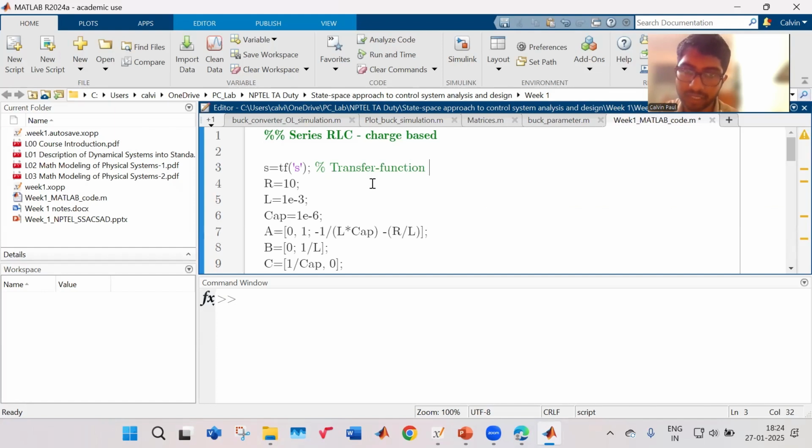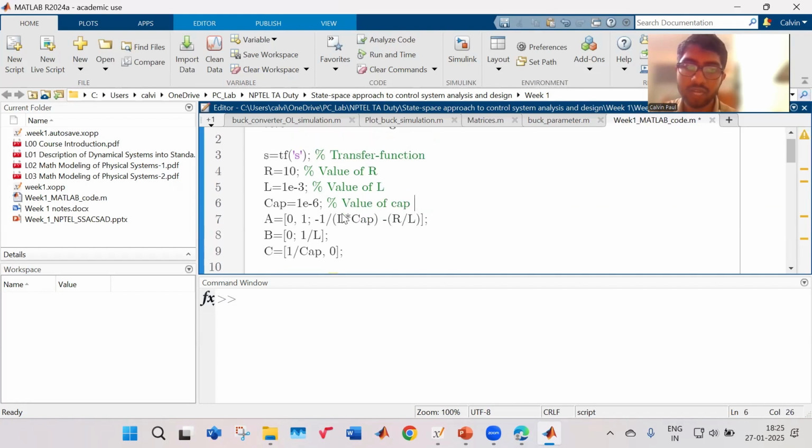This is the value of my resistor R. My L, this is the value of my inductance. I have set it to be 1 millihenry. And instead of using C for the capacitor, I have just written cap. Okay, so this is the value of my capacitor. Okay, so I have defined these variables, right?